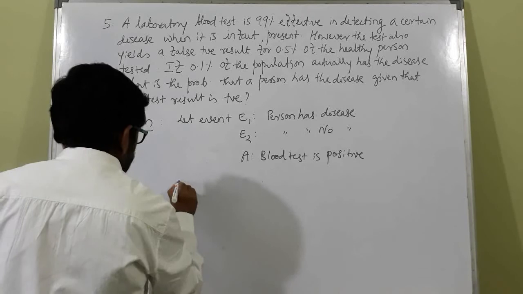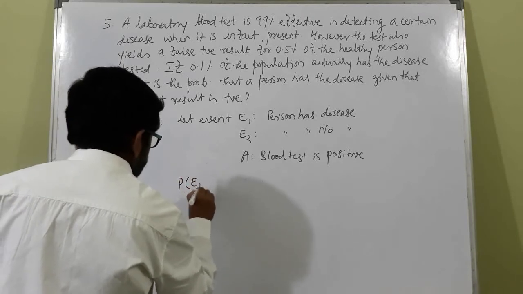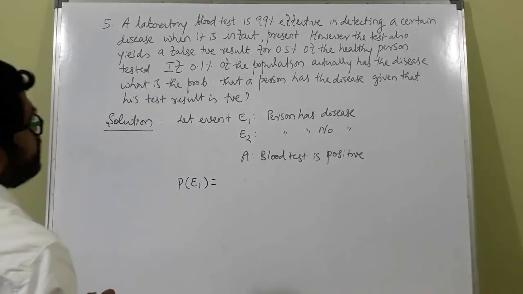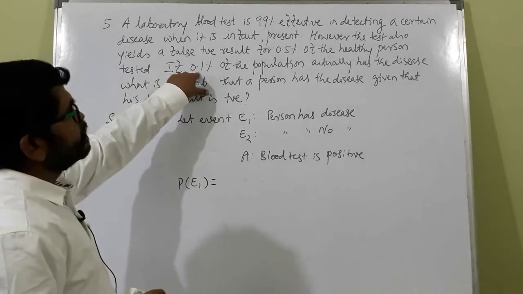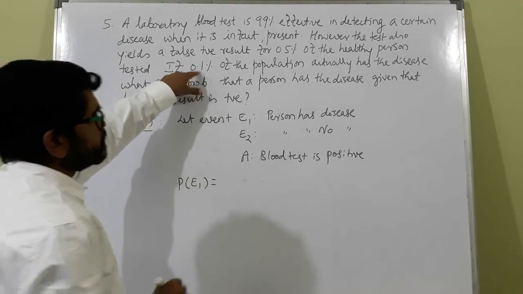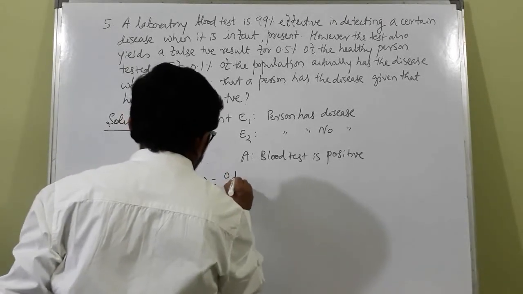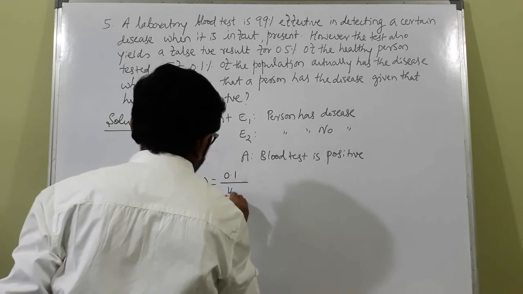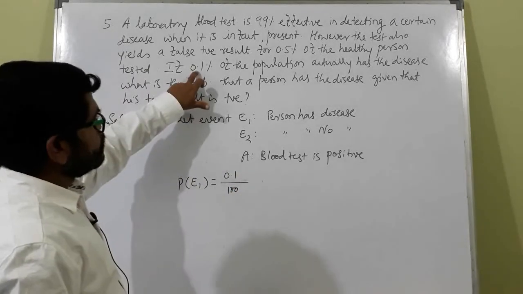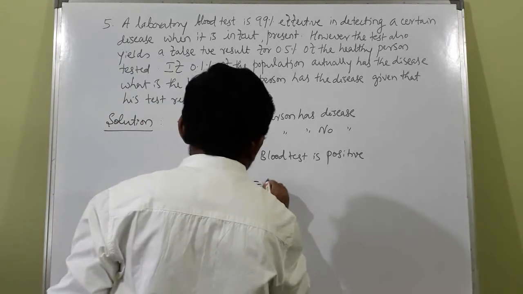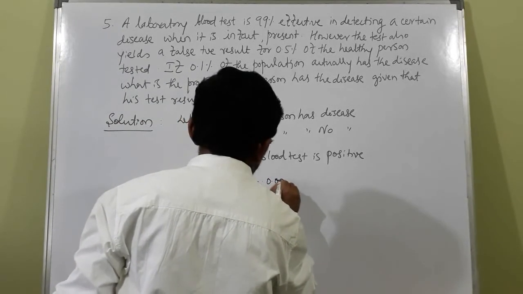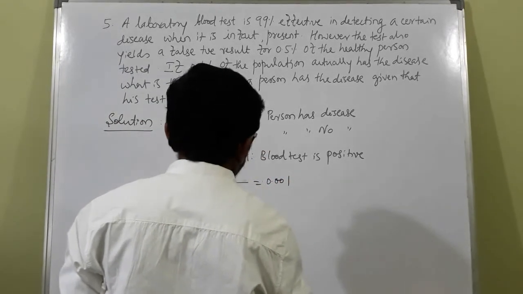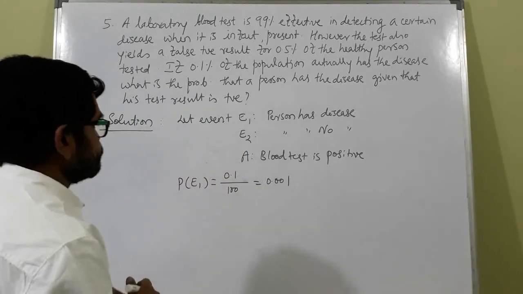Okay, what is the probability of E1, the person has the disease? 0.1% of the population has the disease, means 0.1 divided by 100, so 0.001, isn't it?